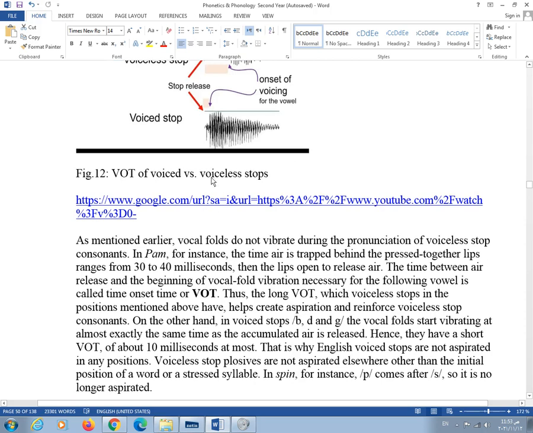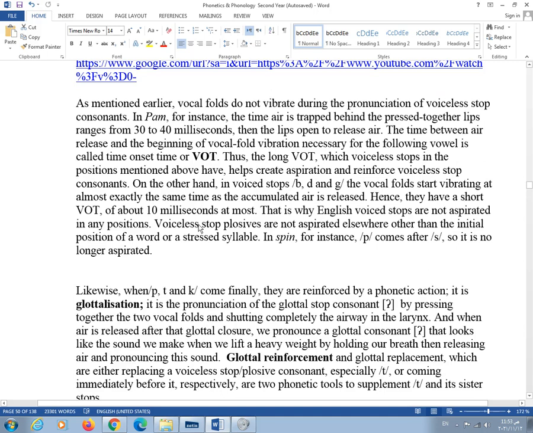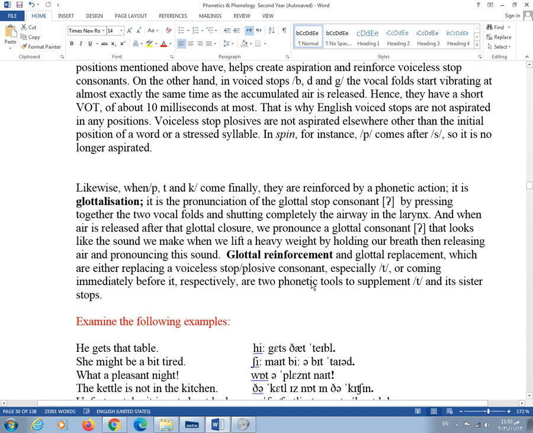Okay, if these three consonants come finally, we know that when they come initially, we aspirate them, and we prolong the voice onset time. But when they come at the end of words, we do something else, a phonetic action, which is called glottalization, which is the pronunciation of the glottal stop, which is in Arabic al-hamza, like ya'kul, ya'mal, etc. By pressing together the two vocal folds and shutting completely the airway, where?